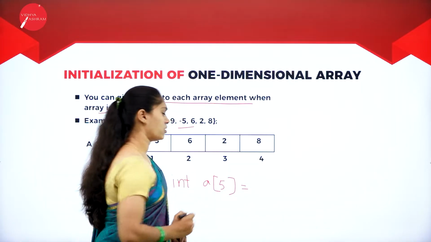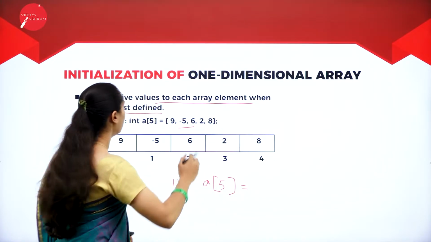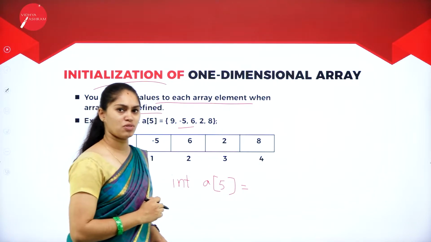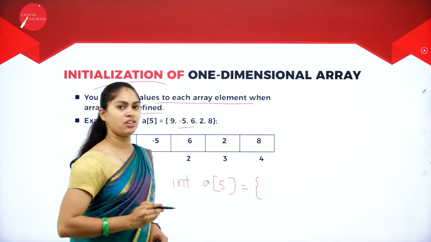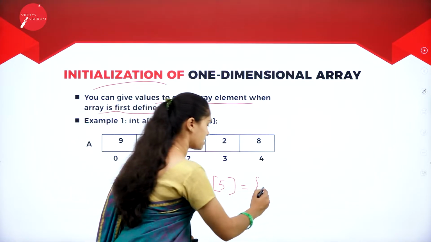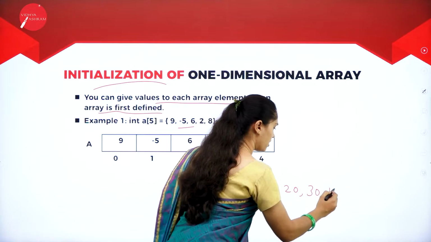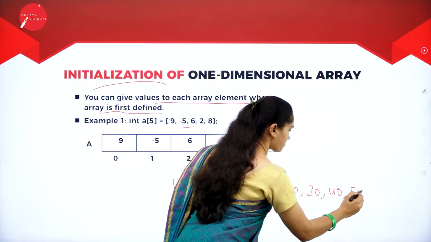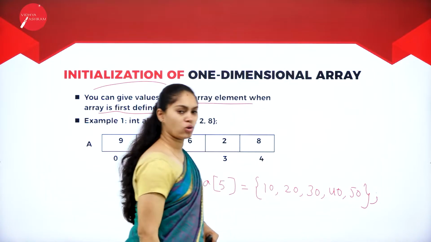Is equal to: by making use of this assignment operator, we do the initialization of the one-dimensional array. Within the flower braces, I have to give the values of each element of the array. Let me consider 10, 20, 30, 40 and 50. At last, close the braces, then put a semicolon.